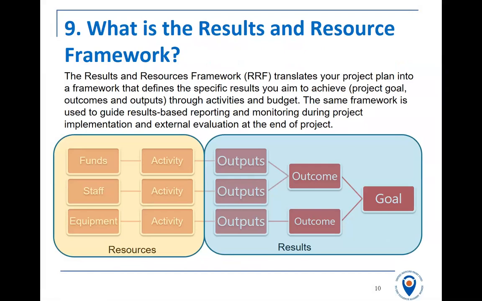As I said, the results side is the change that you want to see for women and girls and for the beneficiaries and those you work with. The resources and the activities is really what you do and the inputs. Today's session is mainly going to focus on the results. We will come back to the budget in the financial management session in a couple of weeks.